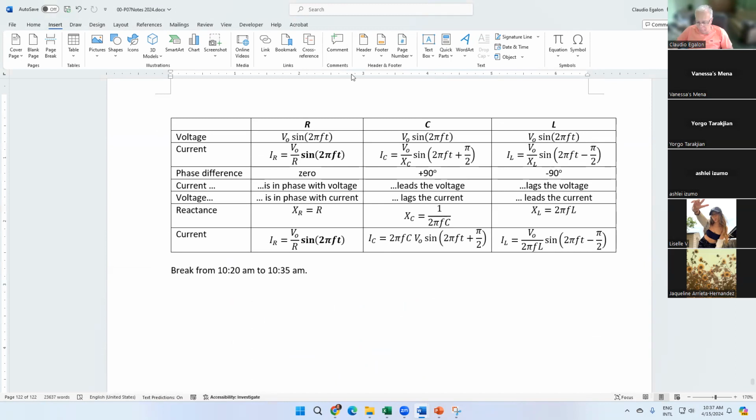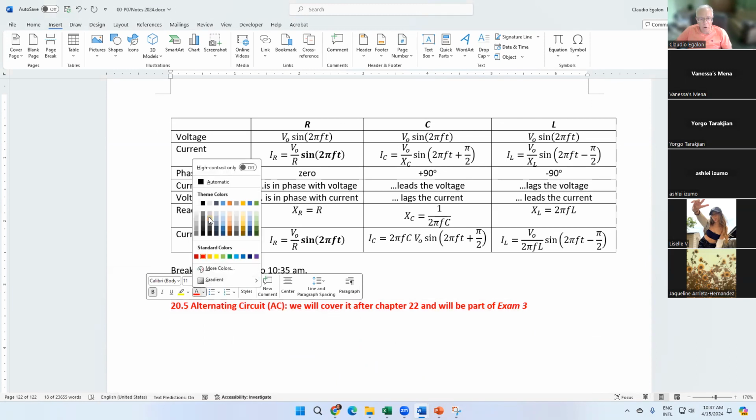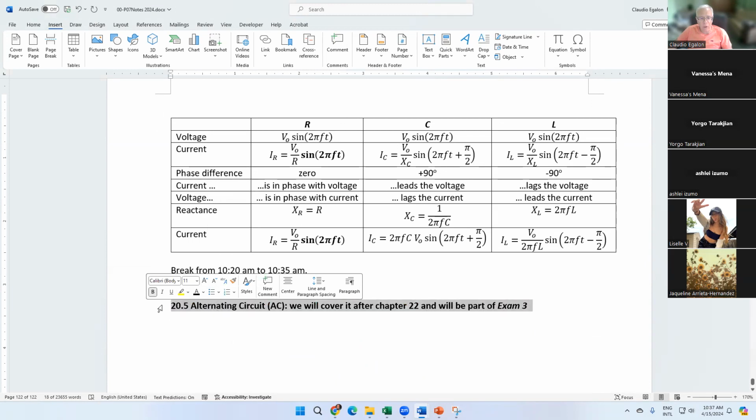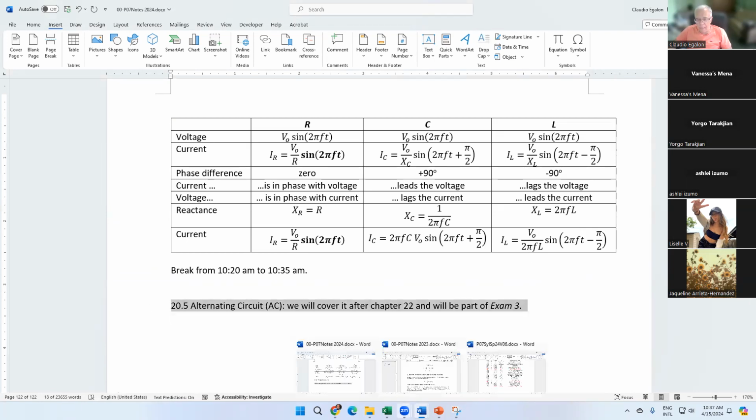Before we can cover AC circuits, we must first cover Faraday's law of induction, and Faraday's law of induction comes after chapter 20. So I didn't think it was a good idea for the book to organize this material in this way.